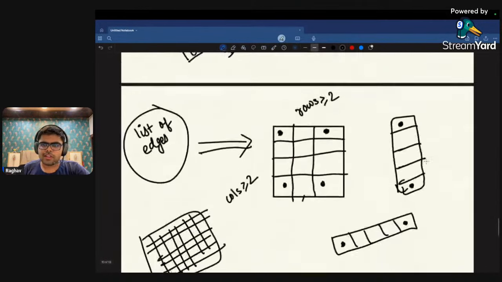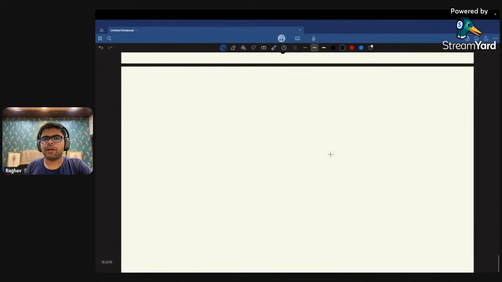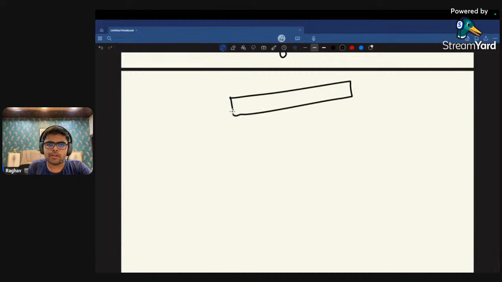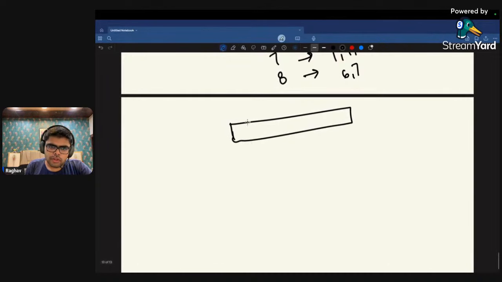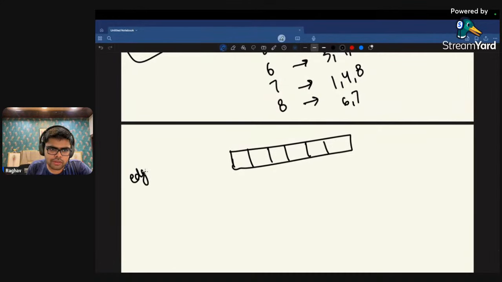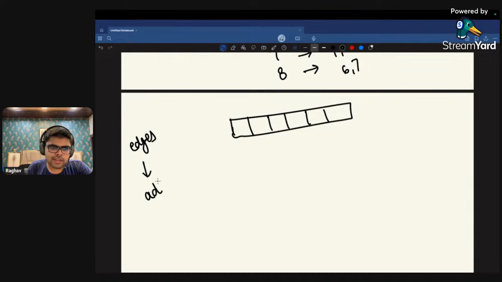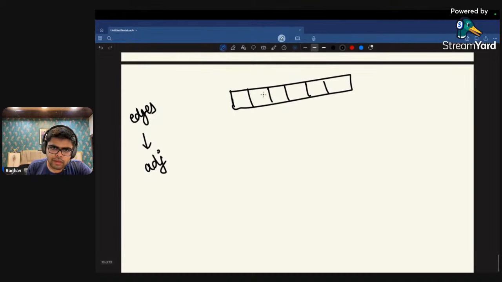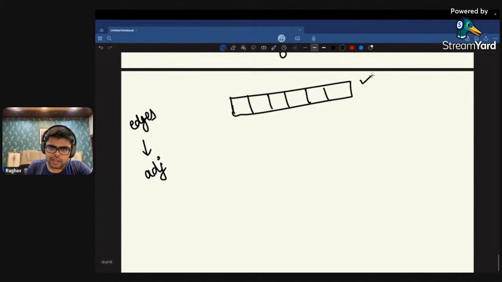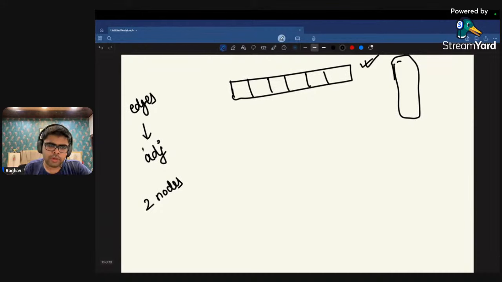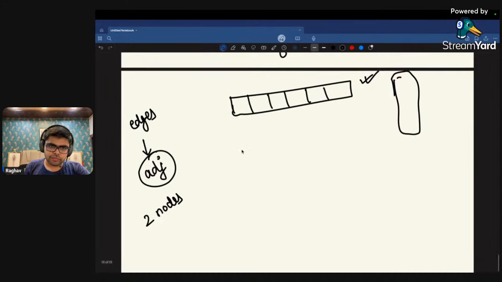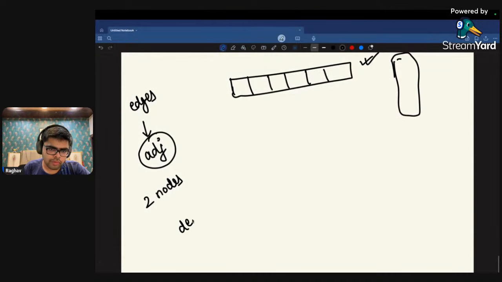Obviously this is going to be an easier case where you don't have a matrix, instead you are having just 1D, one dimension. Because from the edges, when you create the adjacency list, if the answer is like this one, which has only one dimension, either in this way or in this way, then there will be two nodes in the adjacency list whose degree will be equal to 1.